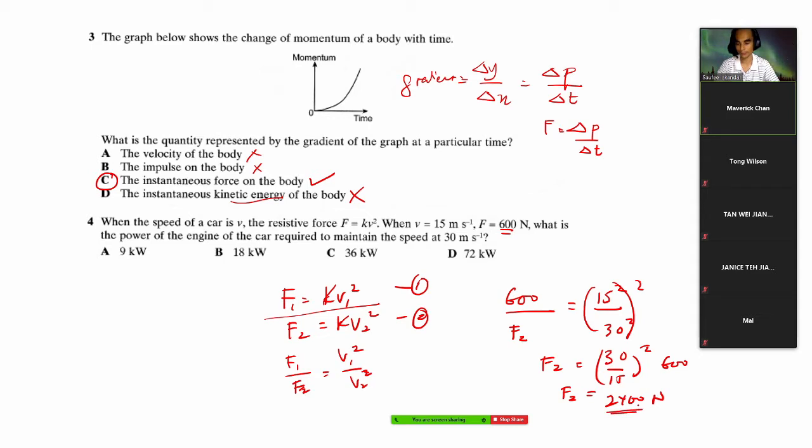This is only the force. Now we need the power. Power equals force times velocity, so 2400 times the velocity at that time, 30. There we have 72 kilowatts. So the answer is D.